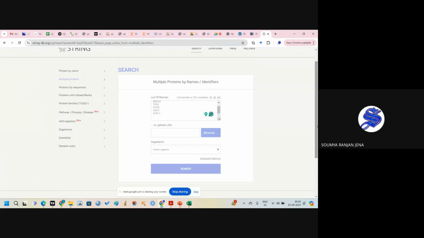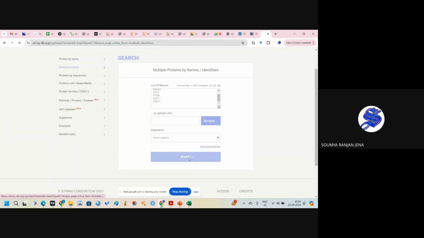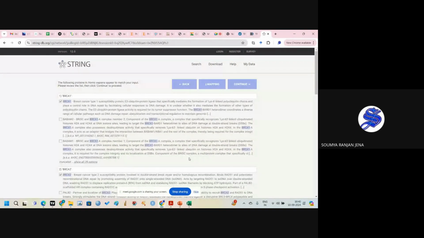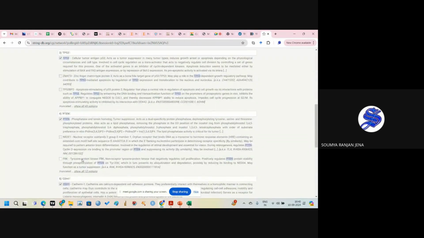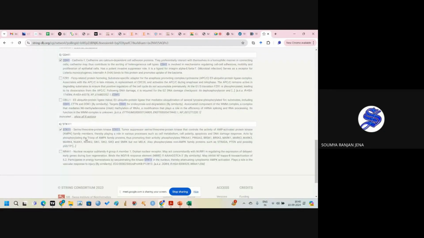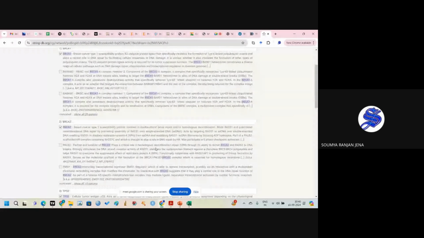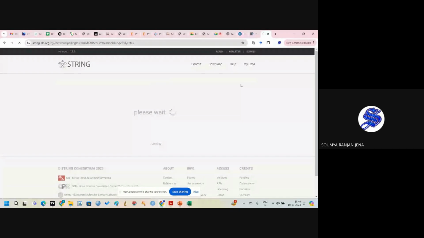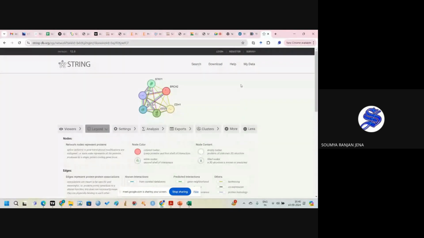Select, then search. How these proteins will interact, we can find in this STRING database. I have input 7 different types of proteins, and then I will go for continue.